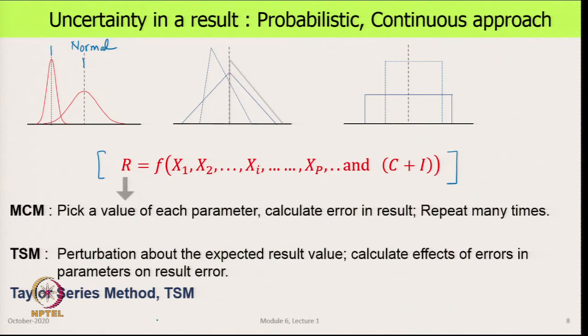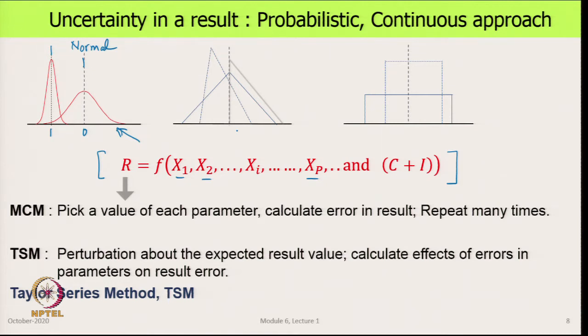If the distribution function has been normalized, this mean would always have a 0 value. If it is not the case, then these would all be absolute values, and this would be the finite mean value of that measurand. So, any of these x 1, x 2 or x p could be following, say, this distribution function.